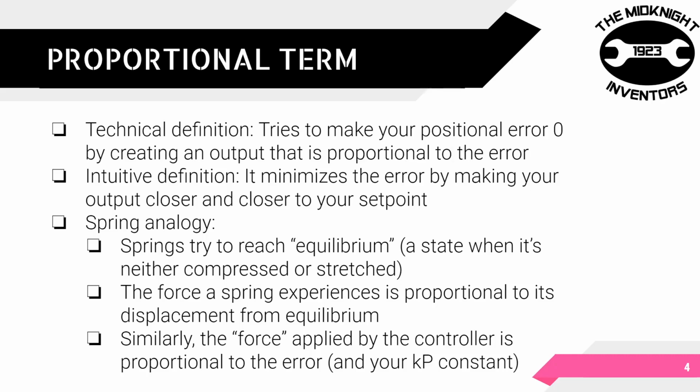But now as it's going to the left, it's going to get compressed. And when it's compressed, it wants to go to the right to go back into equilibrium. So the force a spring experiences is proportional to its displacement from equilibrium, meaning the farther you stretch your spring, the more force it's going to experience. And similarly, the force applied by the PID controller is proportional to your error, meaning the greater your error is, the more quote-unquote force is going to be applied. And obviously, this is also dependent on your Kp constant, which we're going to talk about in a moment.